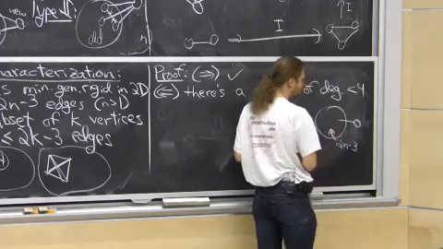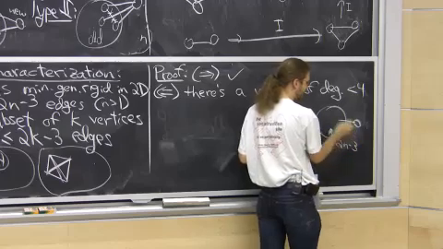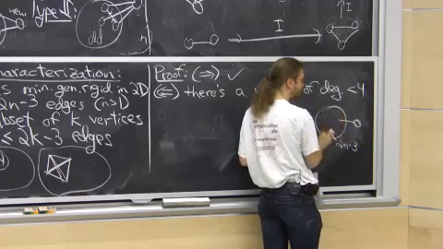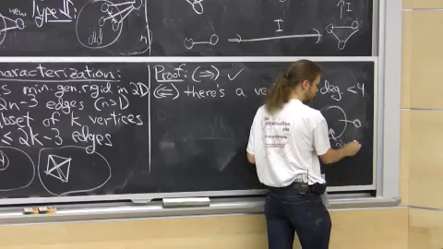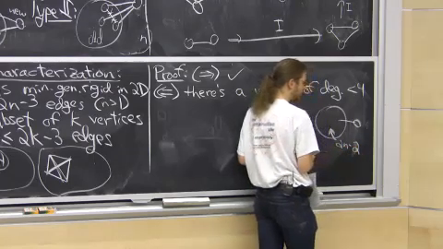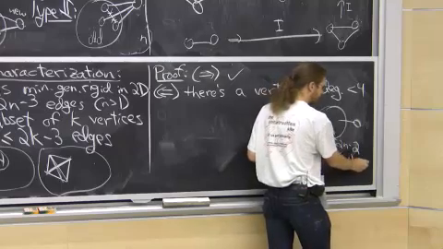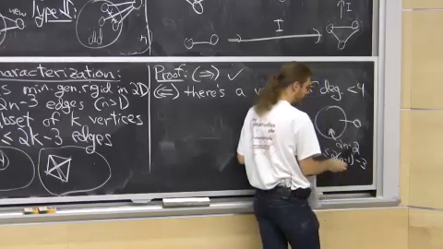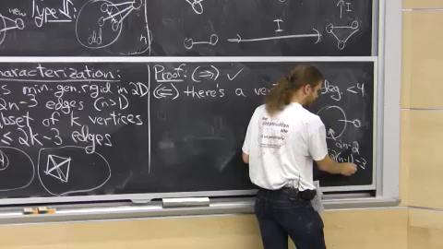Similarly here, if there's 1 edge here, then the number of edges inside this blob, everything except that 1 vertex, would be 2n minus 2, I guess. But it should really have at most 2 times n minus 1 minus 3, which is 2n minus 4.